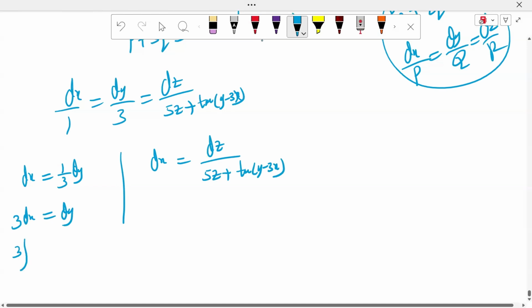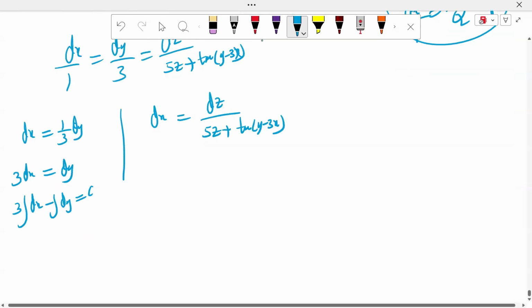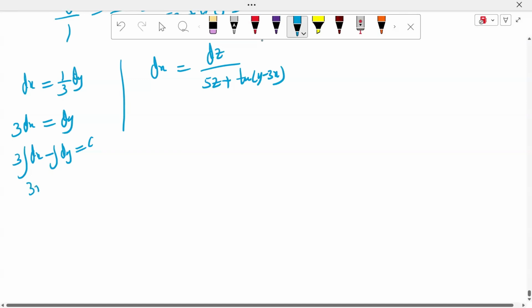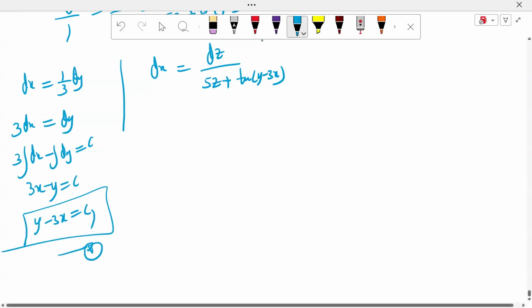Integrating on both sides, integration 3 dx minus integration dy is equal to c. So finally 3x minus y is equal to c, that is, y minus 3x is equal to c1. We call this solution equation star.